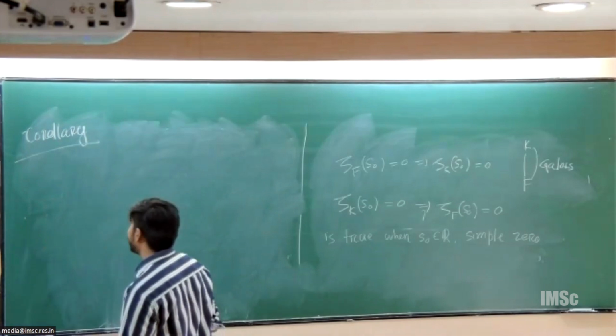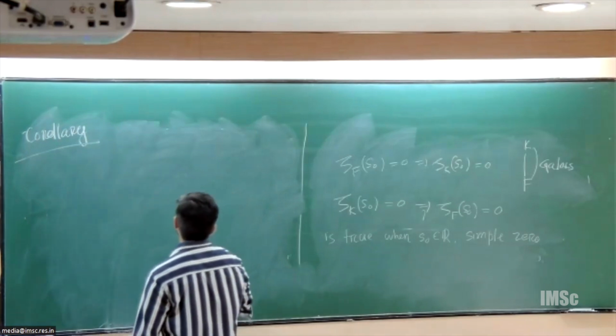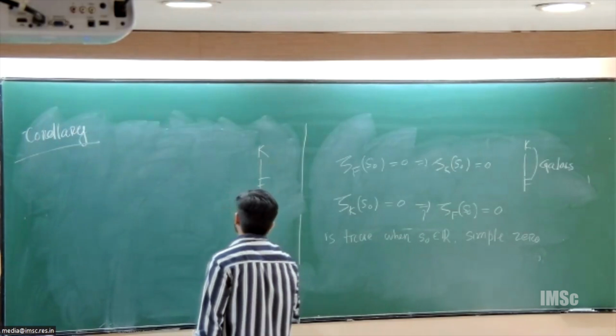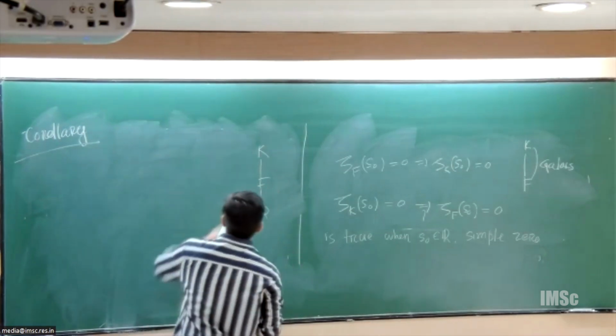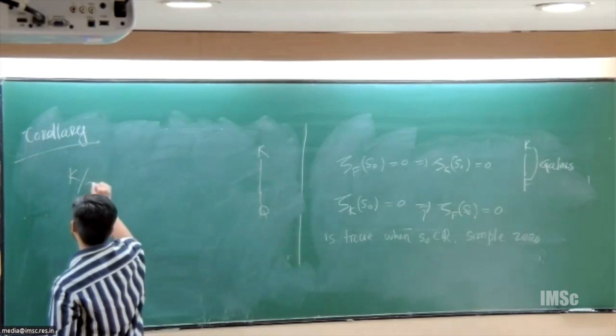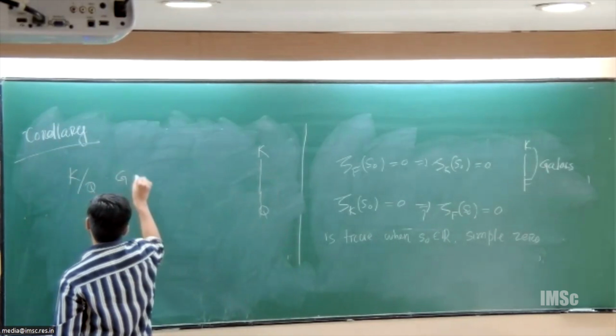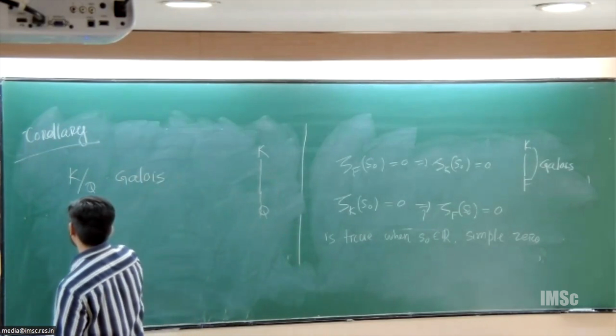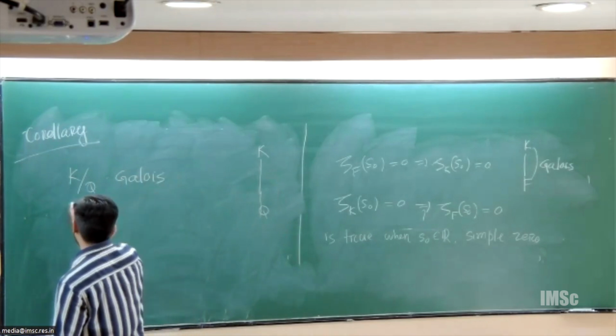So we have the following corollary. Let K over Q be a Galois extension such that the degree of K is odd.